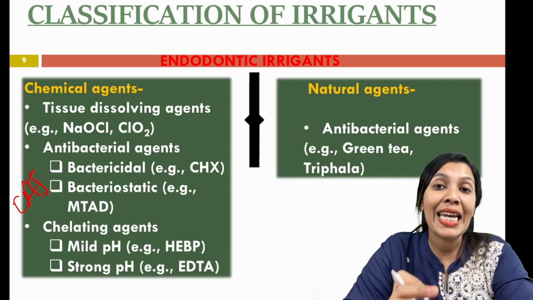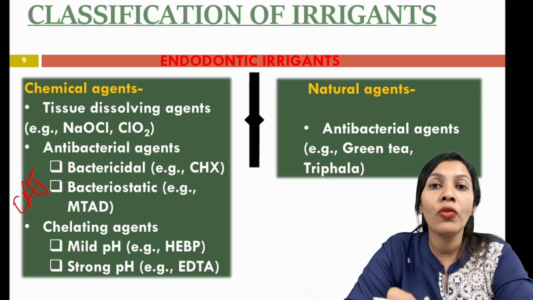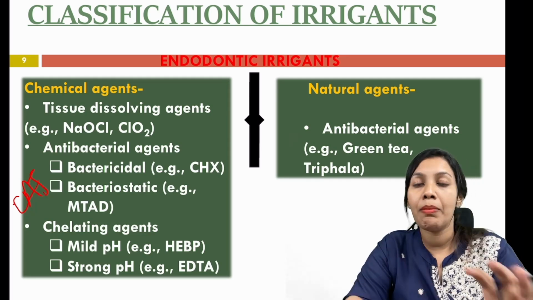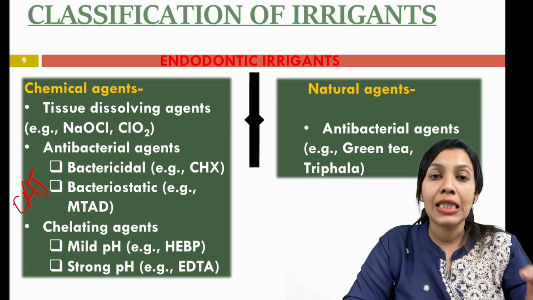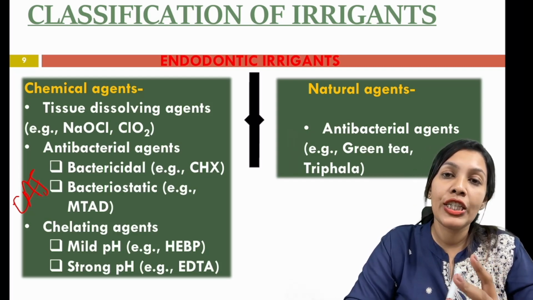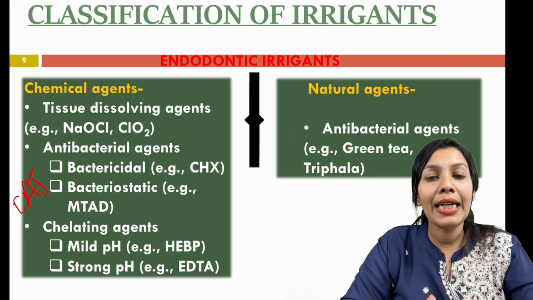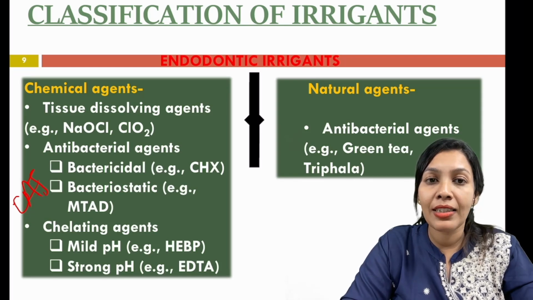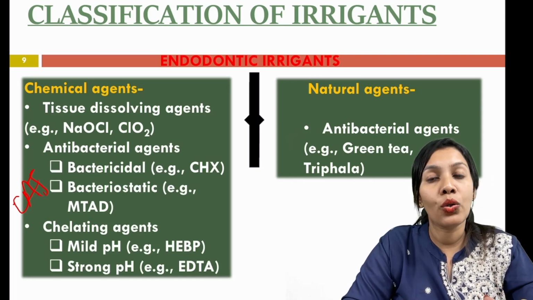Next is C, chelation. Chelation means they remove the calcium along with them. That is EDTA. Just memorize these three important terms: chelating agent, antibacterial agent, and tissue dissolving property. Chelating agent is EDTA, antibacterial property is chlorhexidine, and tissue dissolving is sodium hypochlorite.